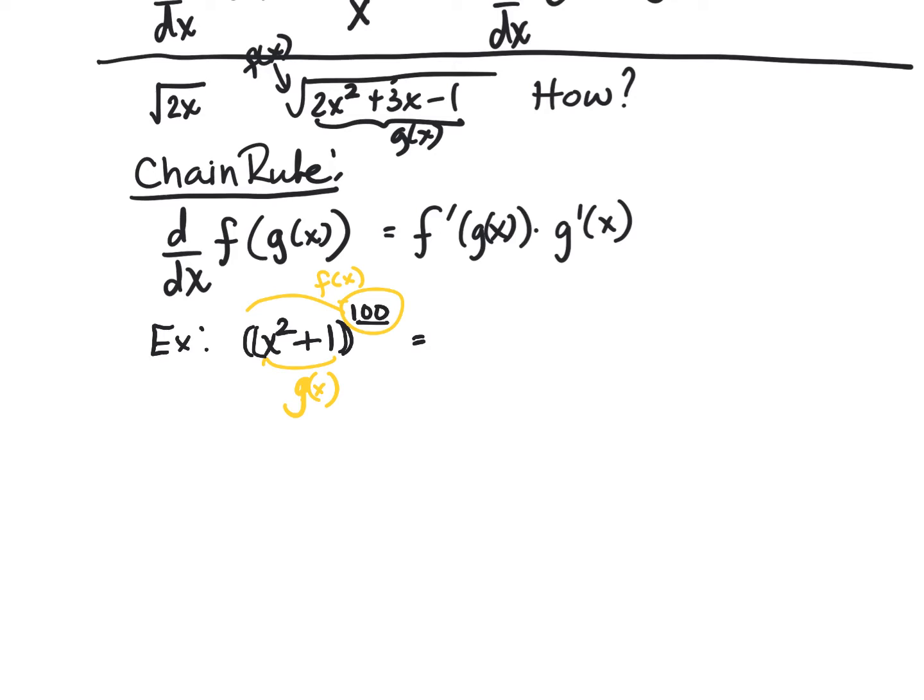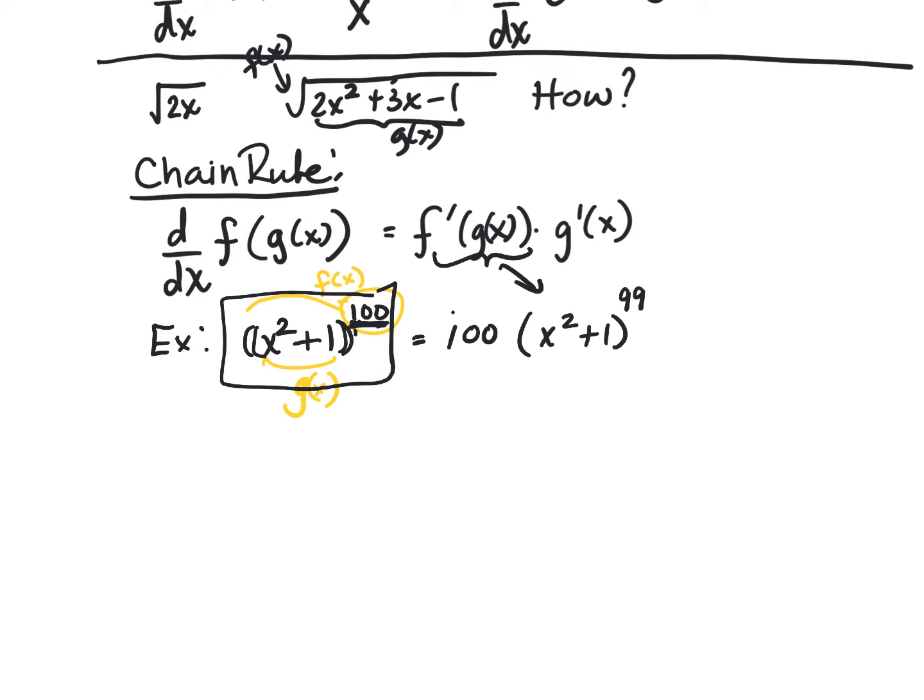So this is how it works. We start first with taking the derivative of the whole thing. We use our derivative rule, which is take the exponent and multiply it to the front, 100. And then the power goes down by one, so this becomes 99.